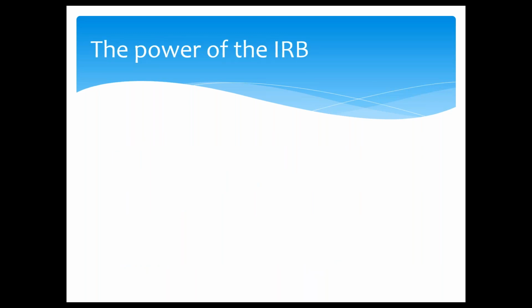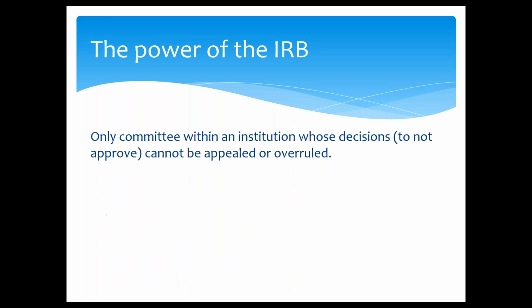Because those bad things can happen, IRBs have been given an inordinate amount of authority. It is the only committee within an institution whose decisions to not approve something, in our case protocols, cannot be appealed or overruled. This is really strange. I don't know of any other case in any institution, educational, hospital, corporate, etc., where a committee's authority is unappealable.